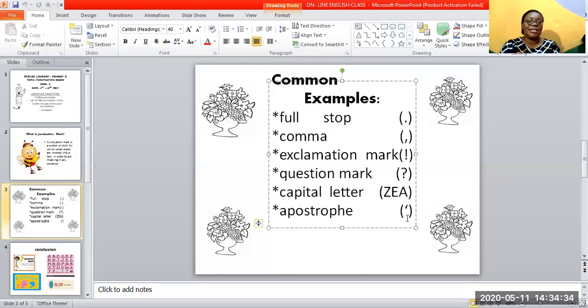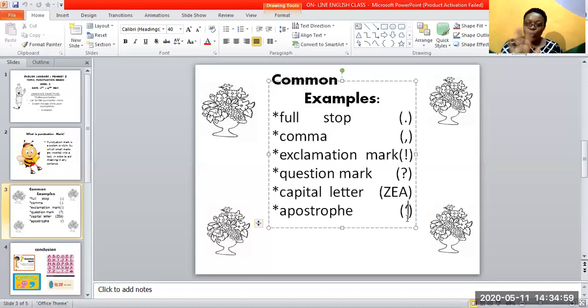One or two letters to form a contraction. And that was where we had said, I am. The contraction word for I am becomes I'm. I apostrophe M.